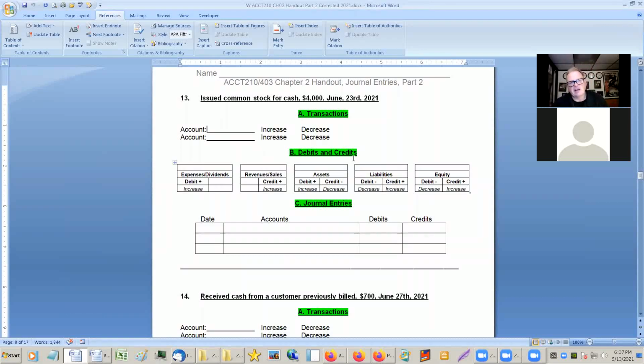All right, issue common stock for cash. This will be the first one with the corrected debits and credits. So we have common stock and we have cash.